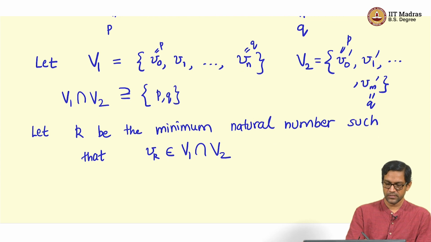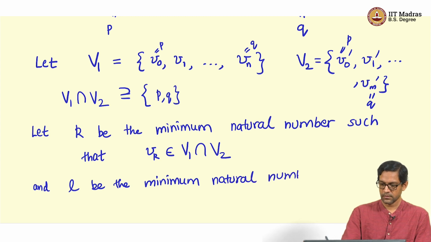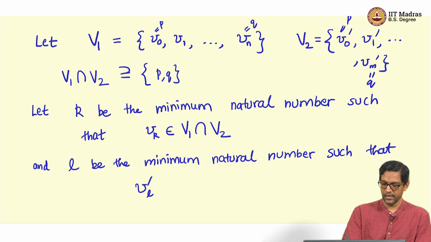And likewise let L be the minimum natural number such that V prime L belongs to V1 intersection V2.